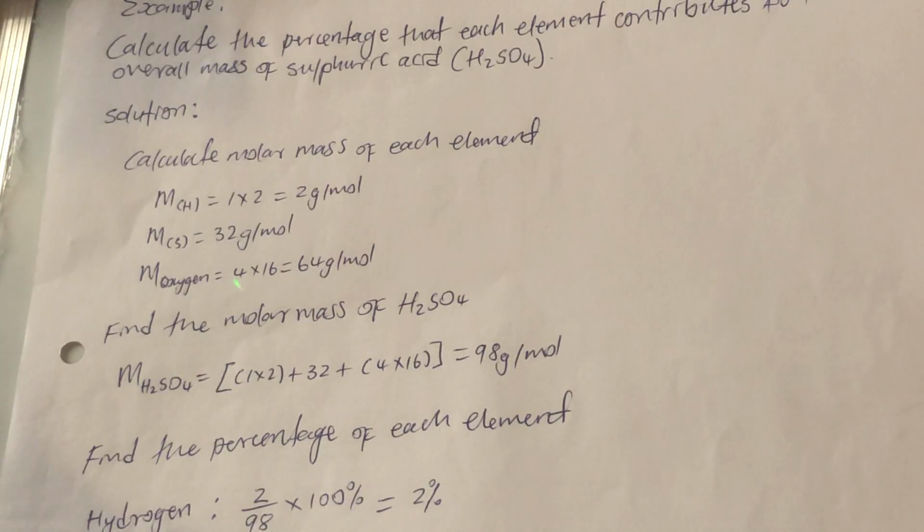We will multiply it by 4 because we have 4 oxygen there. And then the result will be 64 grams per mole. So here we have managed to calculate the molar mass of each element. What do we do next?